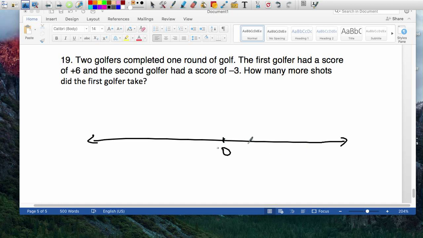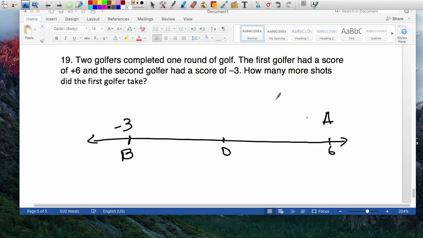Here's 0, +6. So this is golfer A and golfer B, -3. So how many more shots did the first golfer take? Well, in golf, the fewer shots you take, the better your score. So having a plus number is not a good thing. So obviously this guy took many more shots than this guy, right?